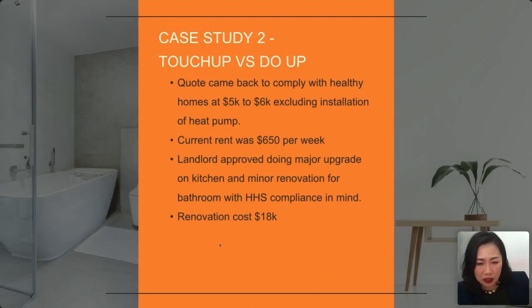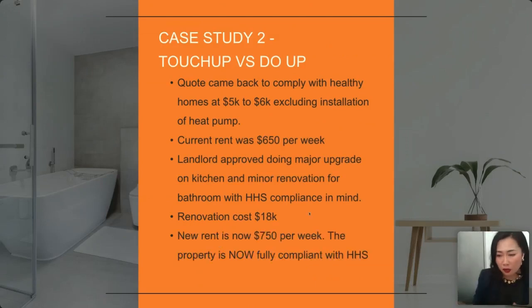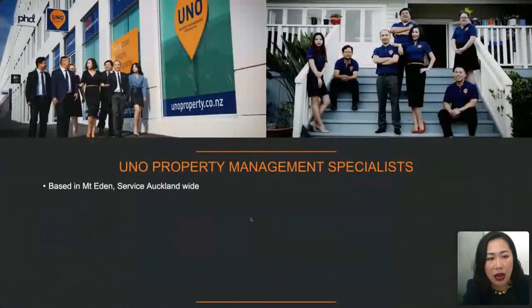The whole thing cost about $18,000, but the rent is now increased by $100, from $650 to $750 per week, and the property is fully compliant with healthy homes. I thought that's a very good story.